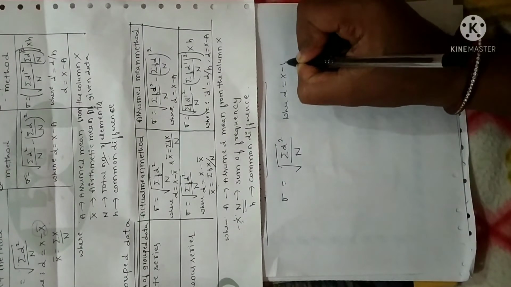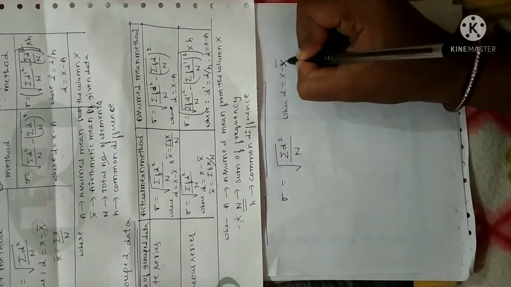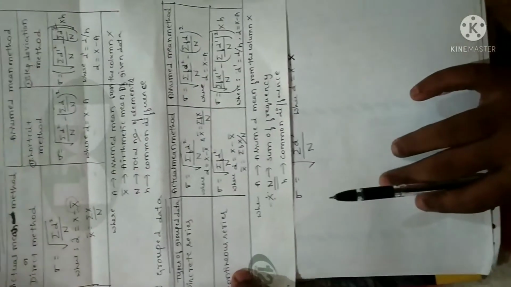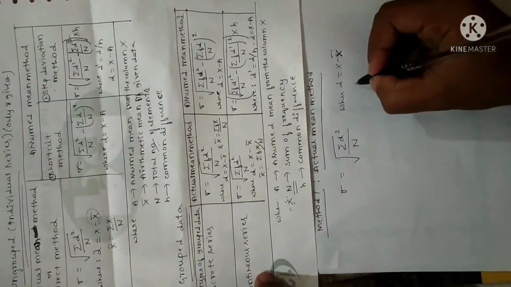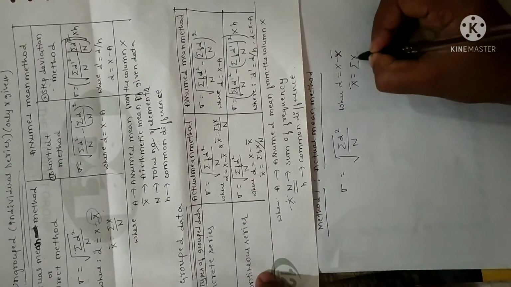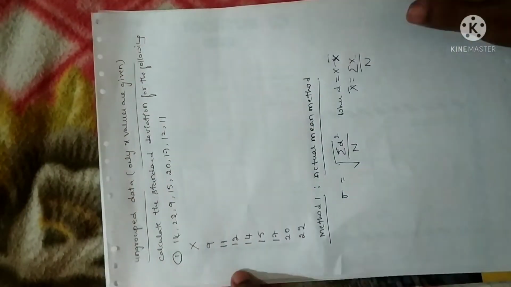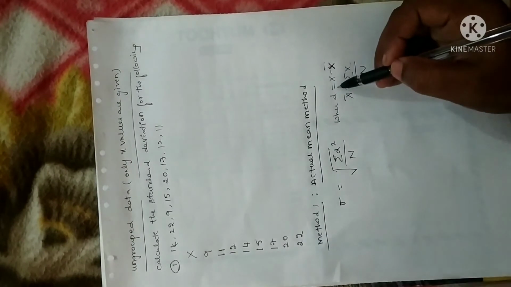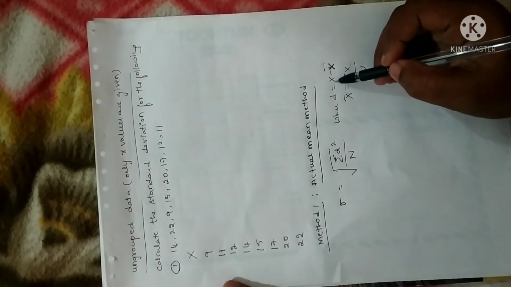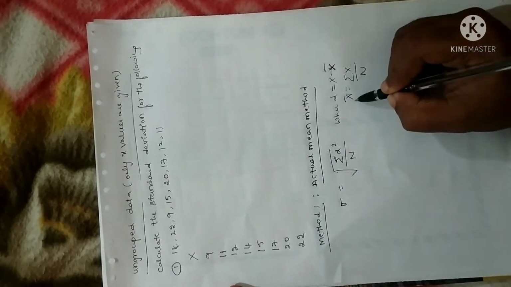You have to remember all these formulas; I am showing this table just for your reference. Now, x values we have. What else is required is d values. How can we calculate d? d is given by x minus x bar. Now we need x bar.